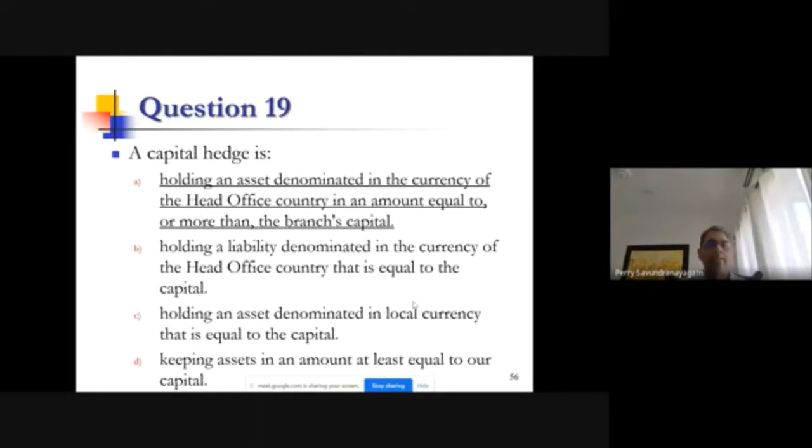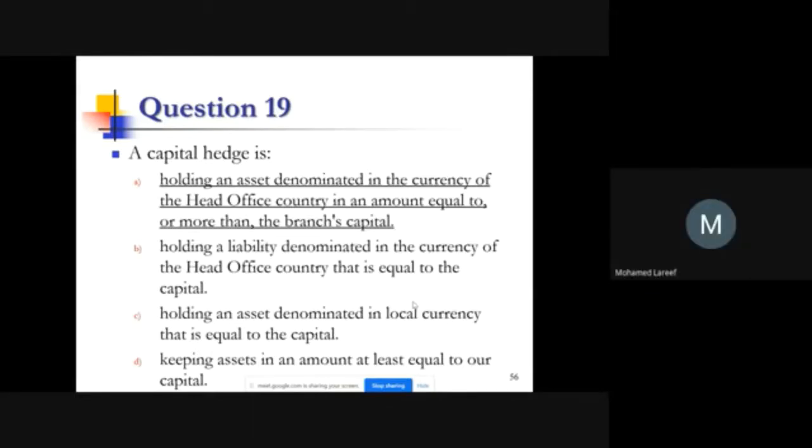Yeah, so I think D is correct, but I think this is more descriptive. If you look at it, D doesn't tell you where you're holding the asset. So the important thing here is that you hold the asset at head office. Yes, sir, true.